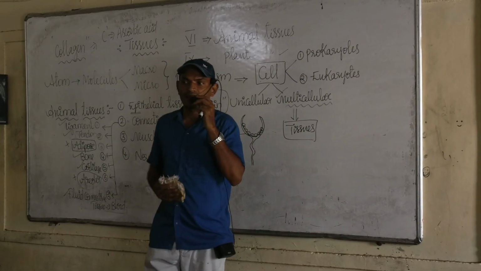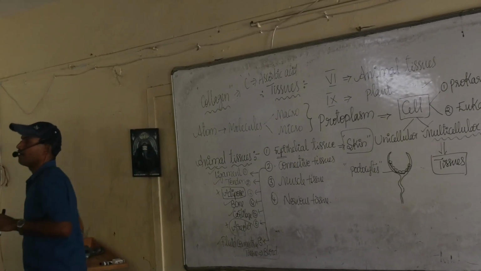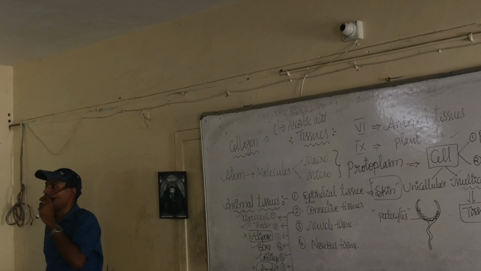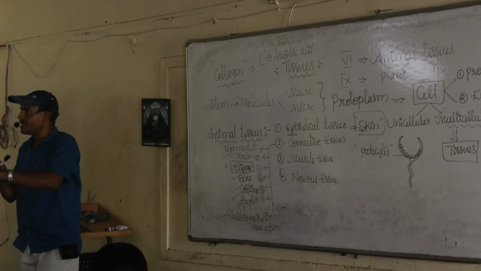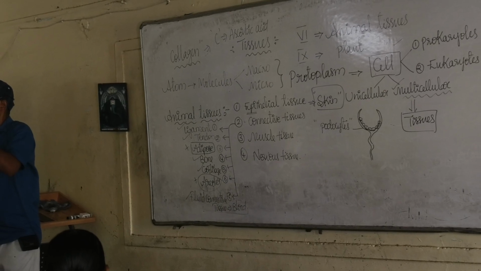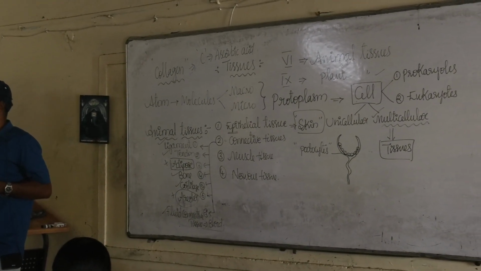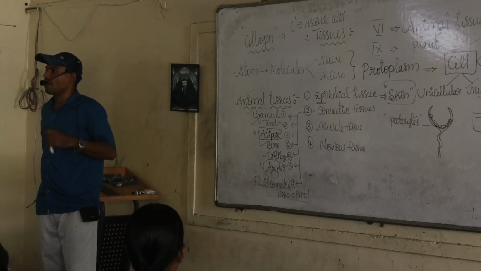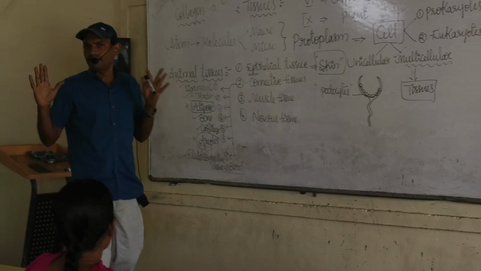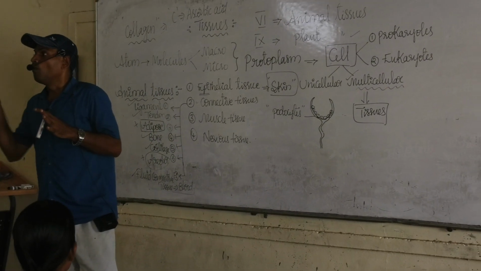Total how many vestigial organs are there? 180 vestigial organs are there in the human body. Among them one is the earlobe, then hair on the skin, then the appendix. We have the appendix on the right side. Then the tailbone is also a vestigial organ in our body. So the total number of vestigial organs is 180.